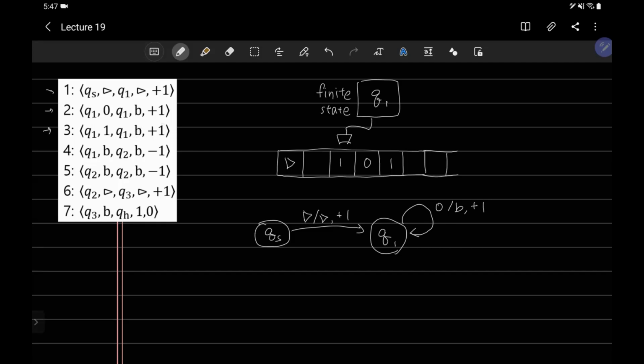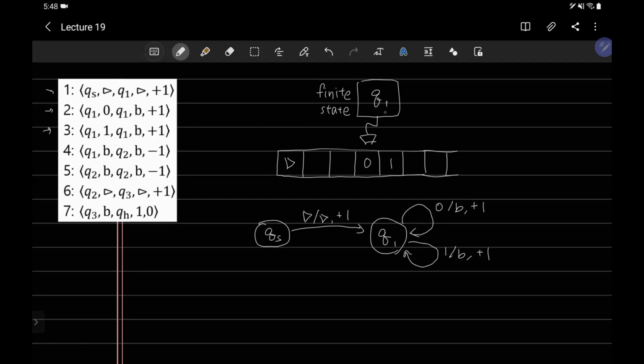And then we should move the head to the right, which means that this value will be erased, and the head will move to the right, like here. This can also be represented in this way. So if we read the 1, then it will leave the blank here, and the head will move to the right.